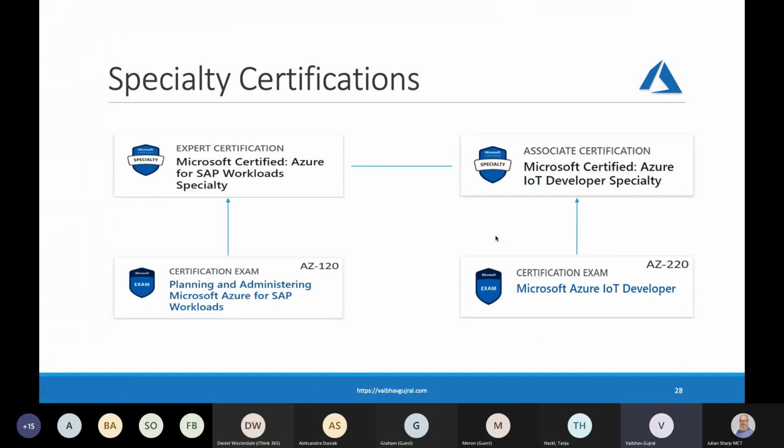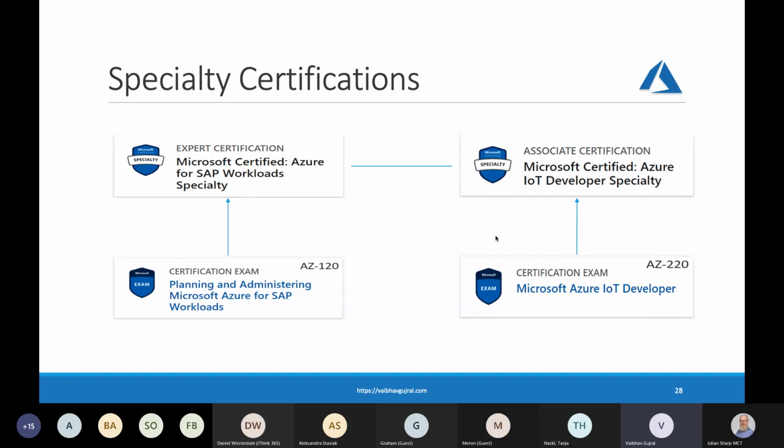Last but not the least, these are some of the specialty certifications. If you are a professional who has been managing SAP workloads running in Azure for your organization or for your customers, this is a certification for you. The exam number is AZ-120. If you are an IoT developer who has been developing IoT solutions by consuming Azure services, this is a certification for you.